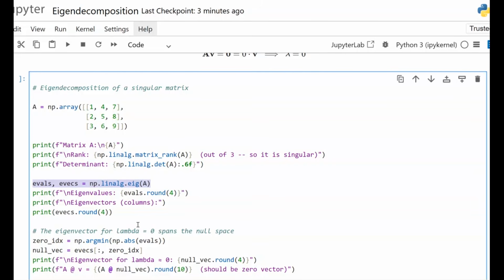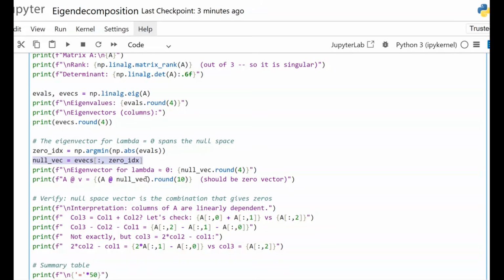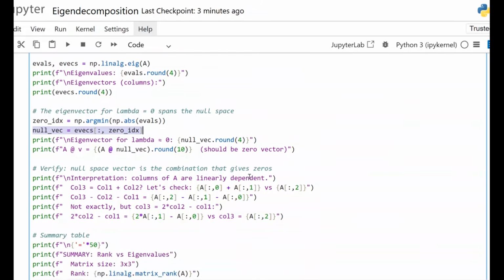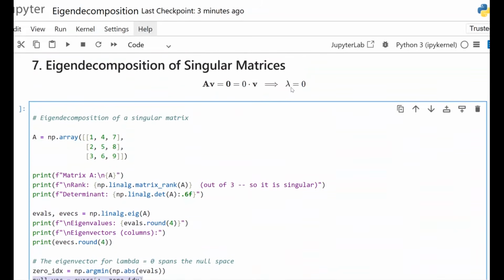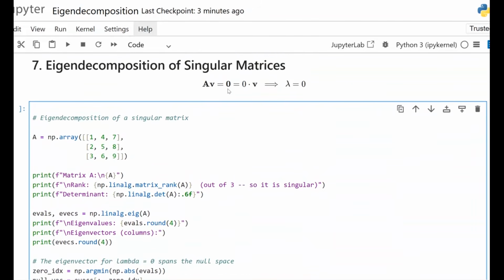And yes, dear friends, here we get the null space via the eigenvalue for lambda equals 0. So this extracts the eigenvector corresponding to lambda equals 0. And here we have the verification. Yes, this verification confirms AV equals 0.